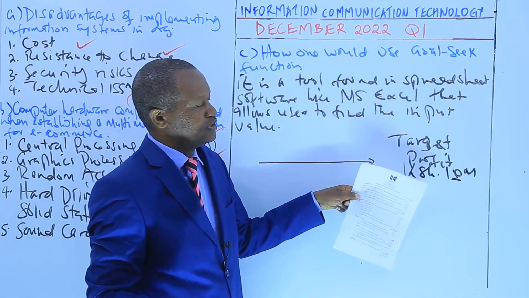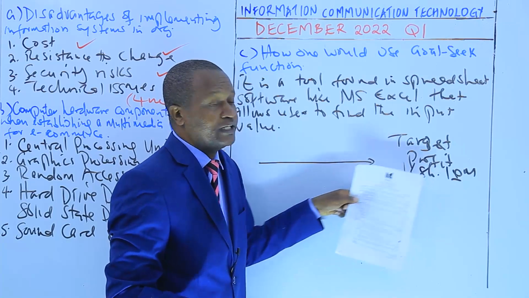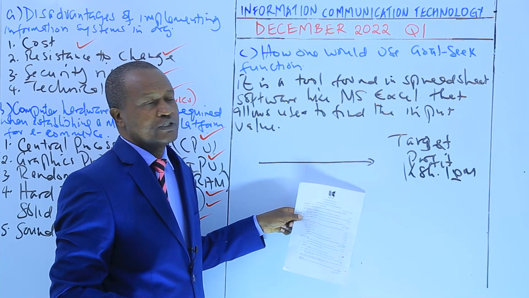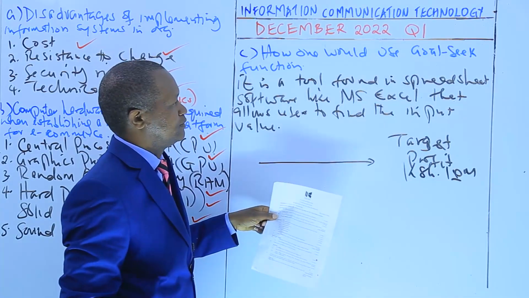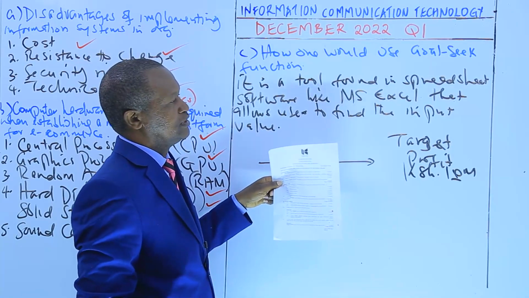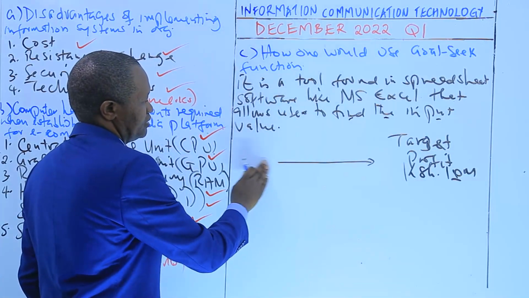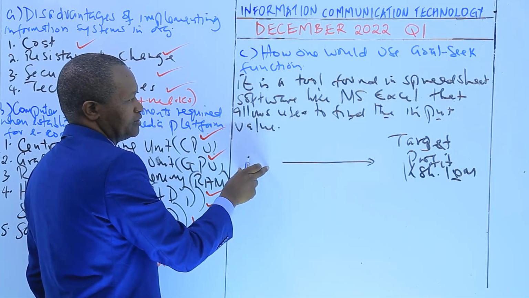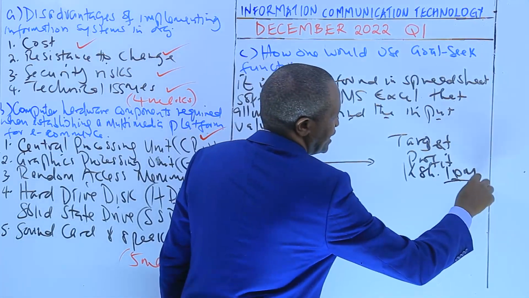How many units can be sold for company A to hit a target profit of 10 million? So a goal-seek function available in spreadsheet software like Microsoft Excel can be used by the user to find the input that will help the company achieve the target profit.